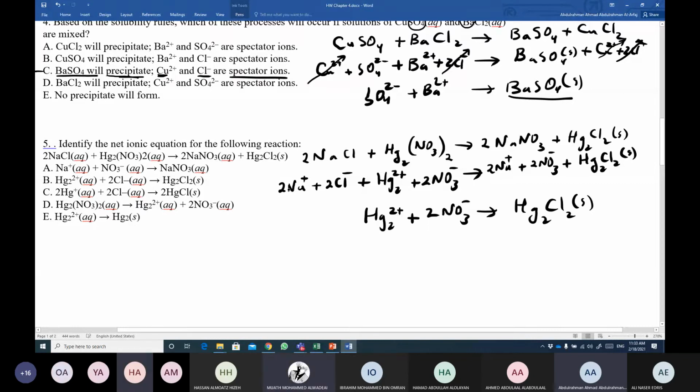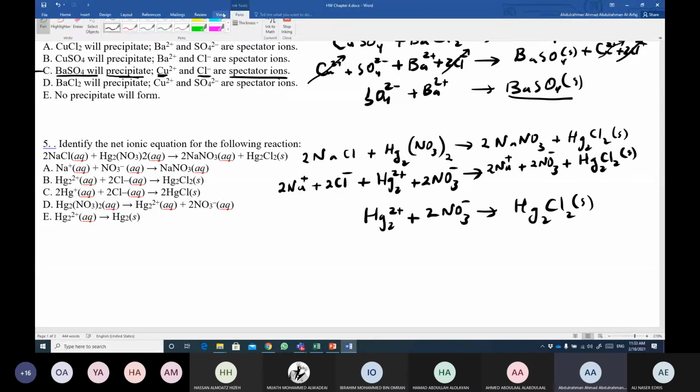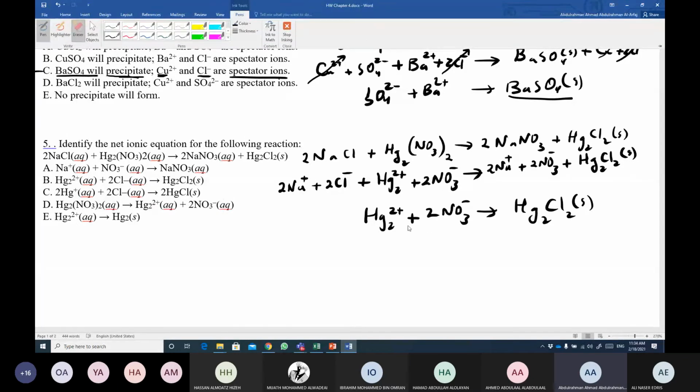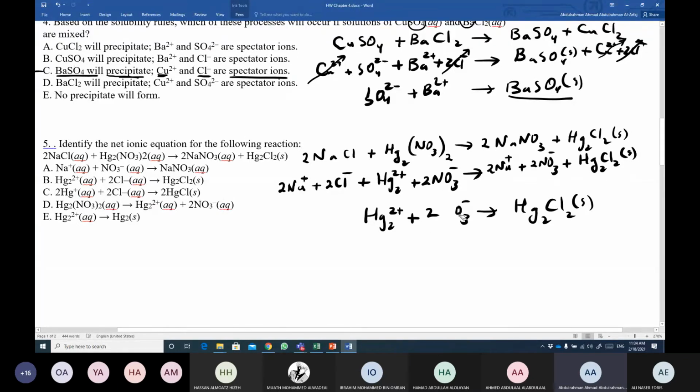Doctor, do you mean 2Cl instead of 2NO3? Ah, of course. 2Cl-. Thanks. Okay, yes. So this is the net ionic equation.